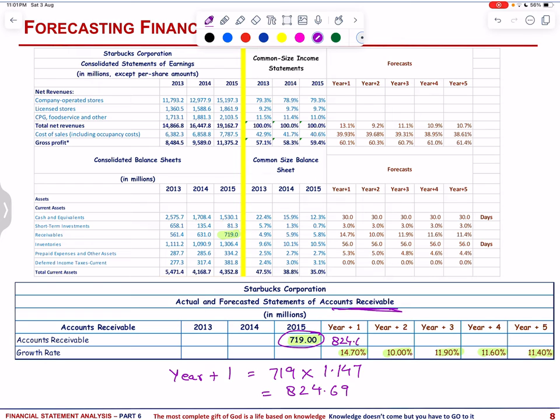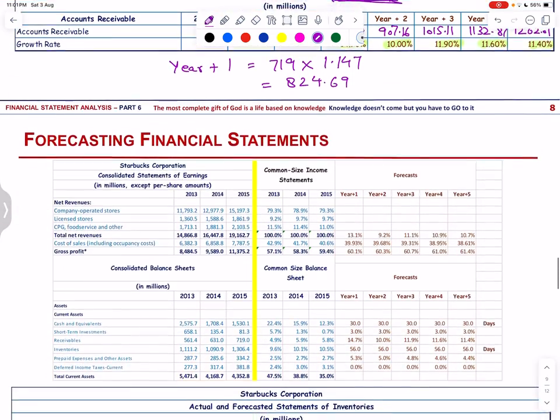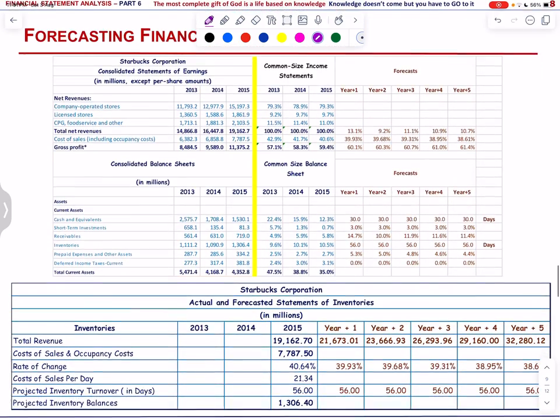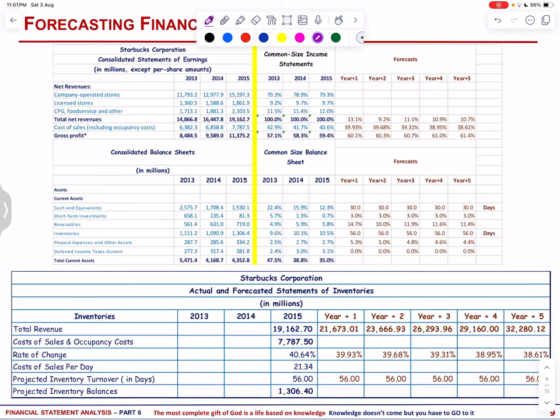So for year number 1, the projected or the forecasted accounts receivable is 824.69. Year 2 will be 907.16, 1015.11, 1132.87, and 1262.01. Next, let us see how to project the inventories for Starbucks for the next 5 years.